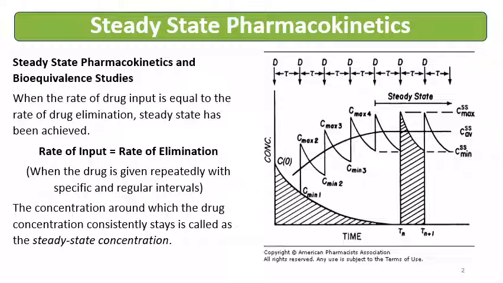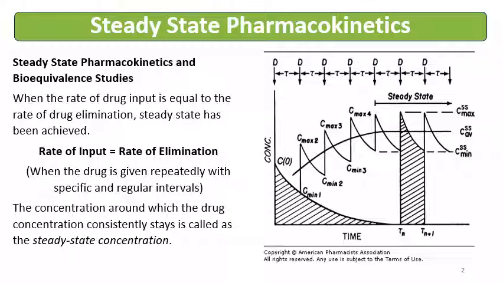So we will start with the basics of steady state pharmacokinetics. Generally, whenever there is dosing to the patient, that means dosing of the formulation or medication, after some time the tablet or capsule gets disintegrated in the stomach and then the absorption starts.